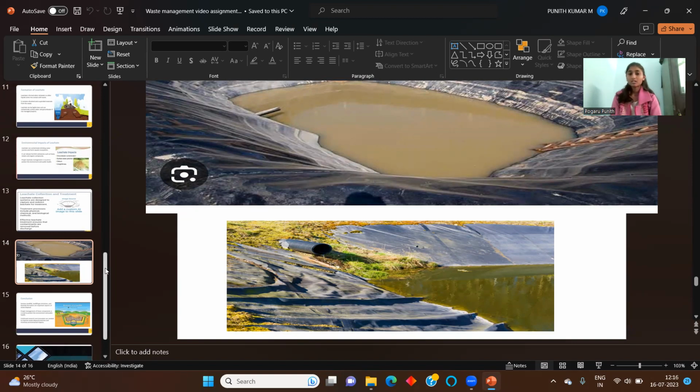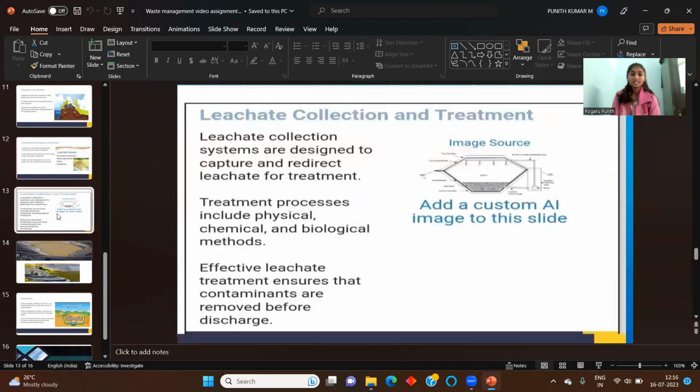This is what I am showing, a leachate. These leachates are chemically, physically, and biologically treated. Then they convert that leachate, a harmful liquid, into useful products, and then they dispose of it in a very proper way.